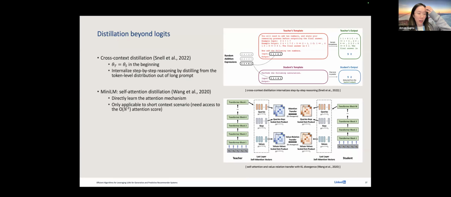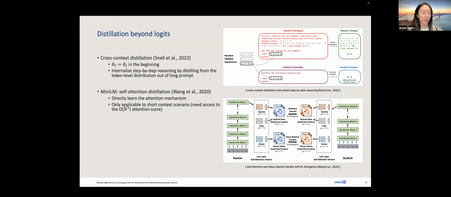So far, we've been talking about distillation from a bigger language model to a smaller language model on the next-token probability space. We would also like to lightly touch on something beyond that. For example, there is a technique called cross-context distillation, where the teacher and student model might originally be the same one, compared to traditional distillation where you instantiate the student as something much smaller than the teacher.